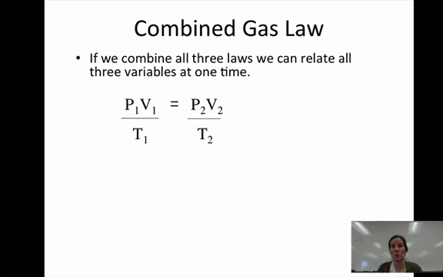They're all in this one equation. If you're working with a Boyle's law problem, for example, where temperature is constant, you can basically drop out the variable temperature, and then you have P1 V1 equals P2 V2. So the combined gas law sums up all the mathematical relationships that you encounter in the gas laws into one equation that you can use.